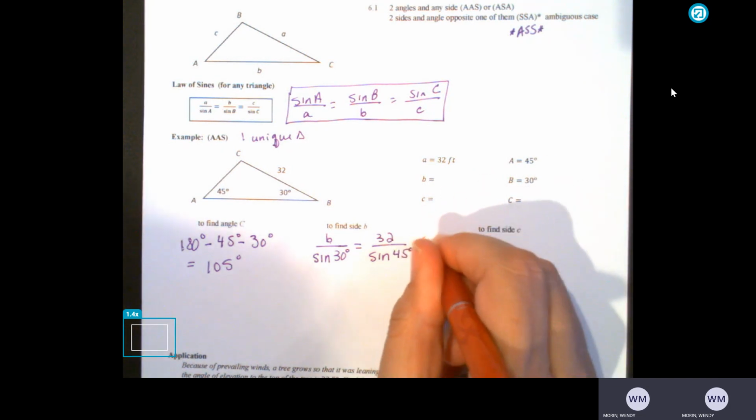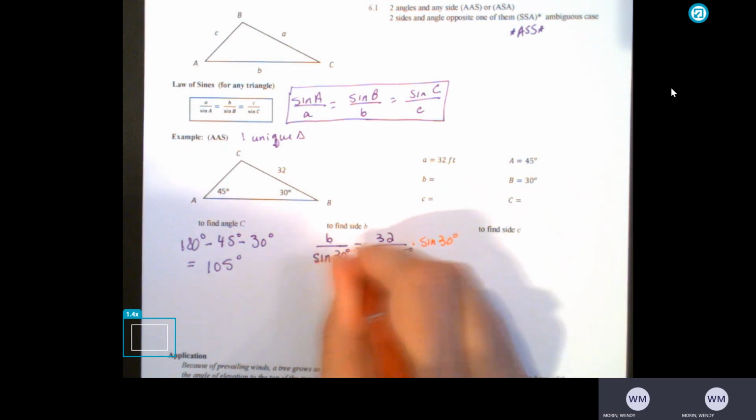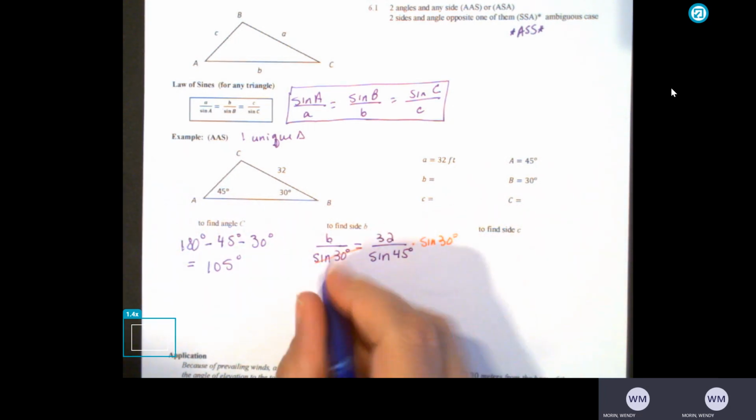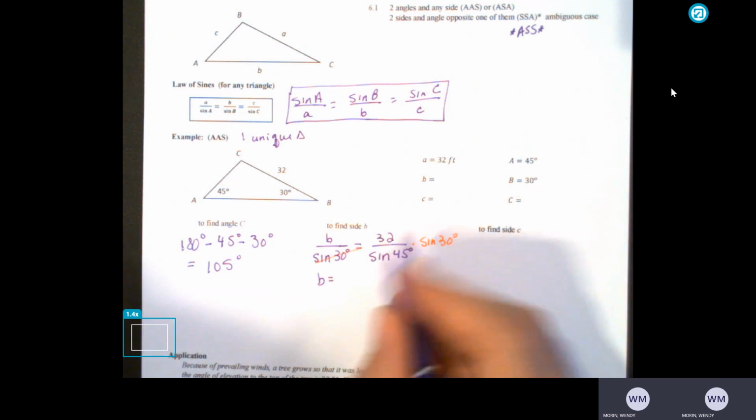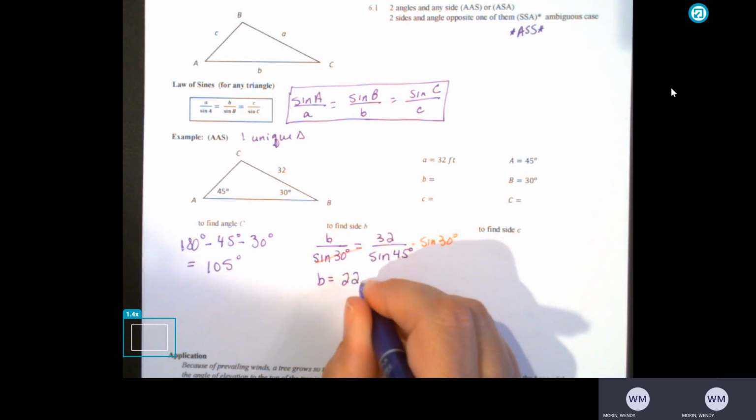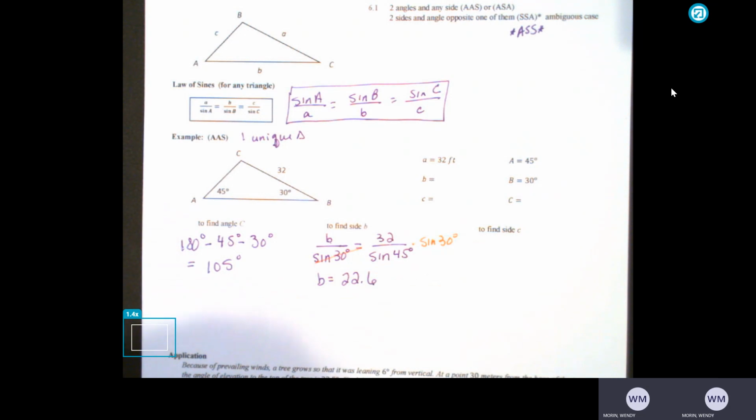So we multiply both sides by the sine of 30 degrees, and you can now calculate side b. And again, I would challenge you to make sure you can type that into your calculator correctly. And side b, we're going to go ahead and round to the tenth, 22.6 units, whatever the length would be.